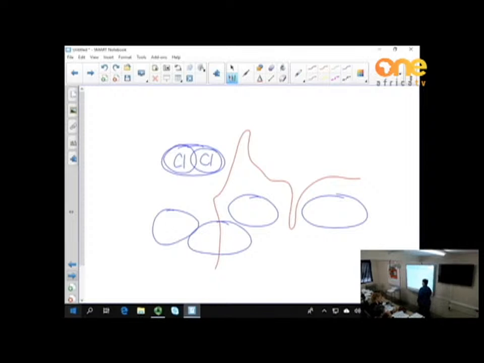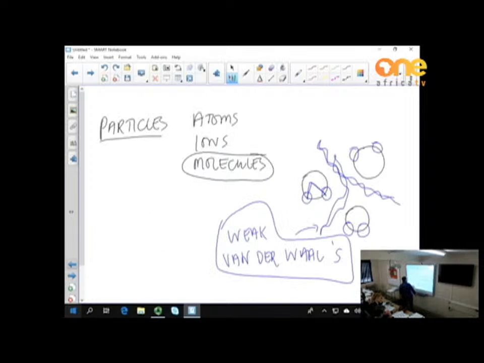Then we get special van der Waals forces, and that is what we get between water molecules. If I go back to my water molecules, remember we said the water molecules have a slight negative charge there, and a slight positive charge.